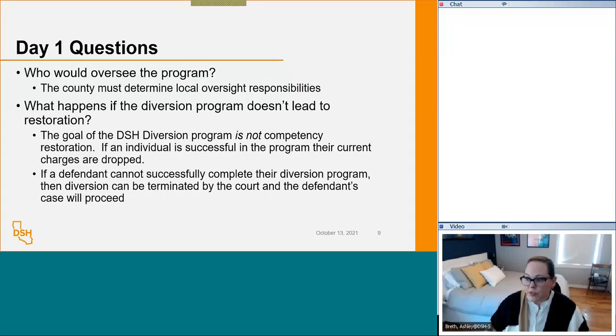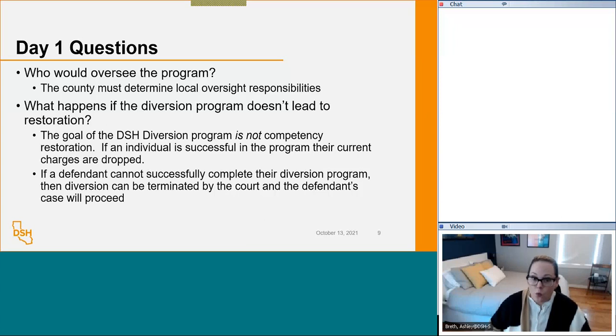Who would oversee the program? Again, that's up to the county. Your county's going to need to determine that local oversight. The courts do have oversight as well, in that they are tracking, and they're the ones who ultimately decide who gets into the program and if they need to be taken out of it.